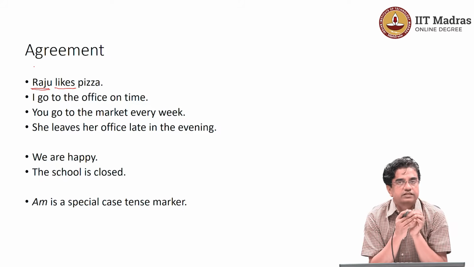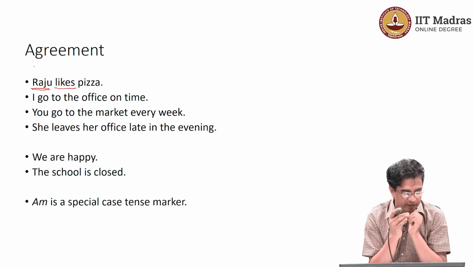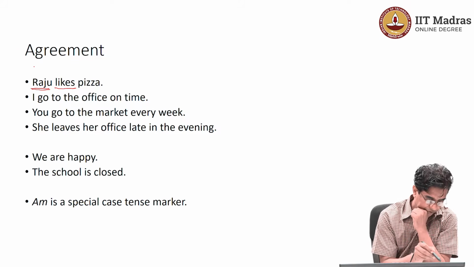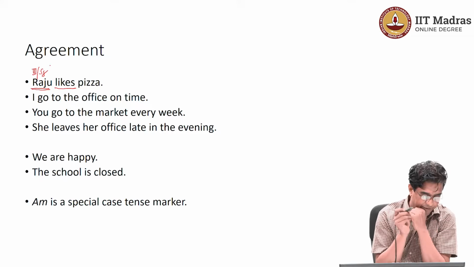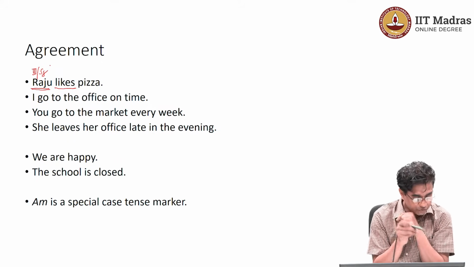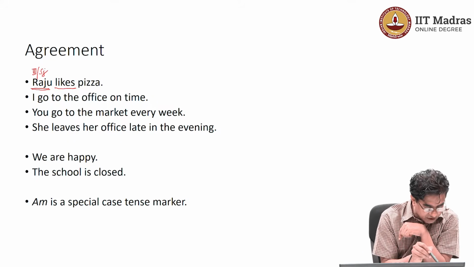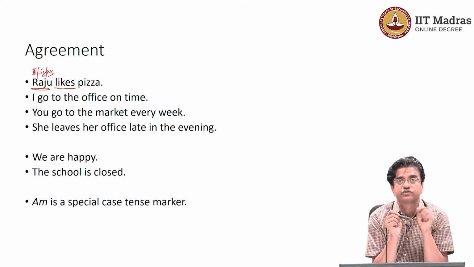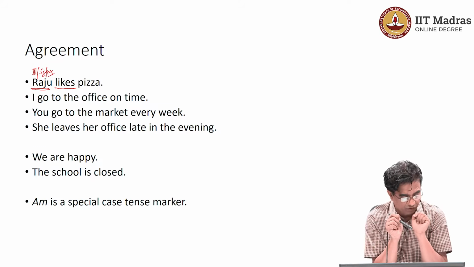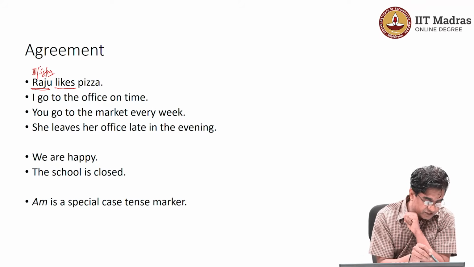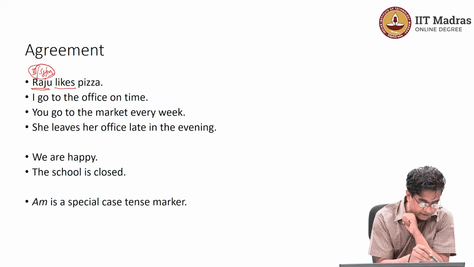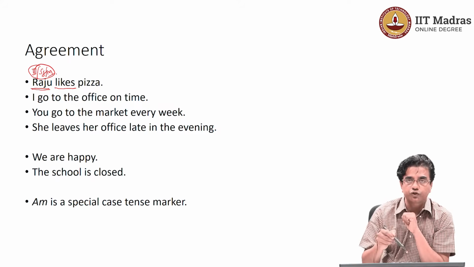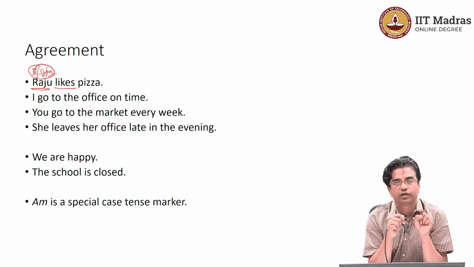So the whole thing is between person and number. So Raju is third person and singular in number. So these two features, and of course it is masculine, but this is what I was saying is not so prevalent, not so obvious.